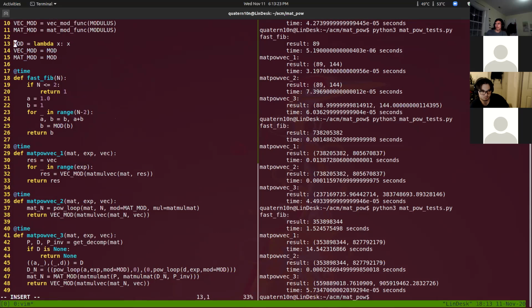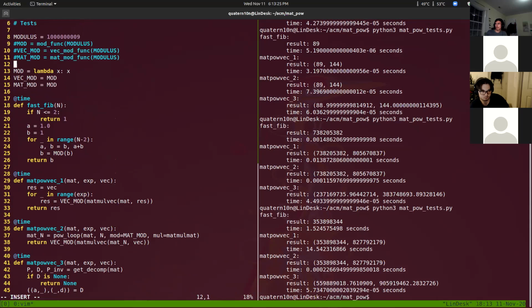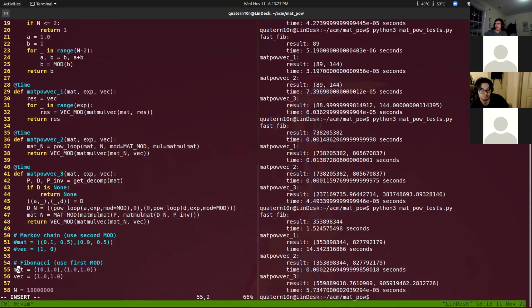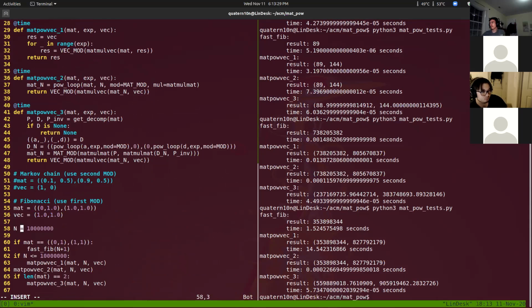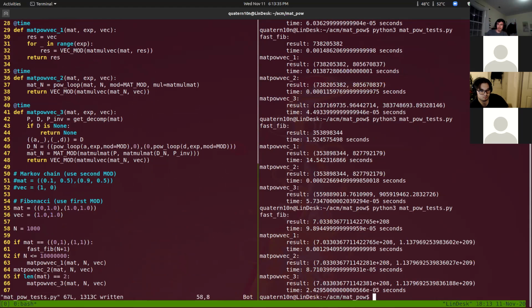Now the problem is that the floats end up going off to inf, but it'll at least show you that there is a good bit of accuracy still in this. If I do to the power of 1,000, you'll see that they're all pretty close for the first couple of digits. But obviously, it's times 10 to the power of 208. These are just massive numbers because Fibonacci grows really quickly.